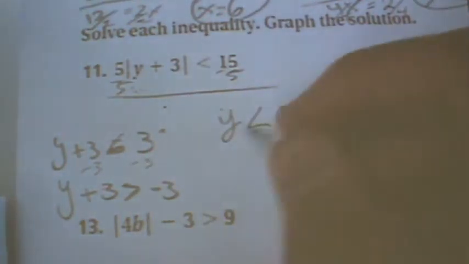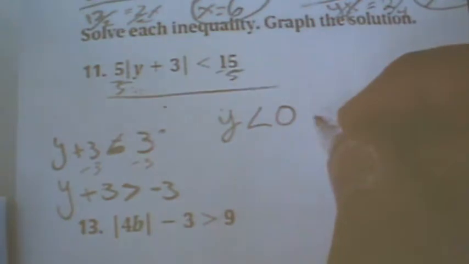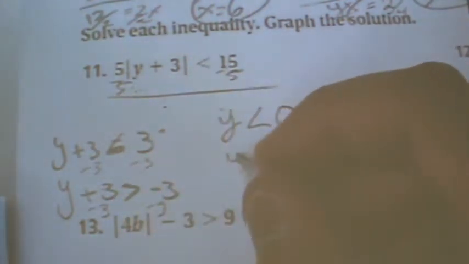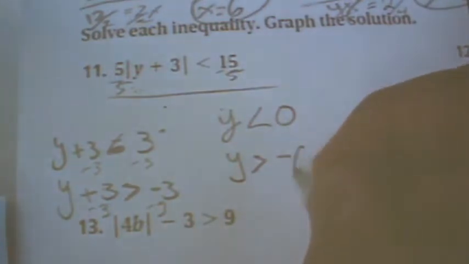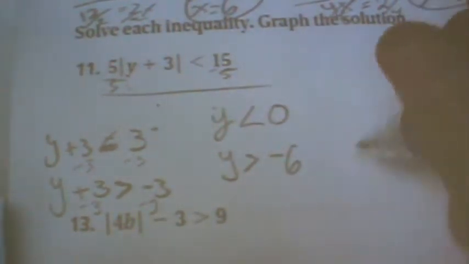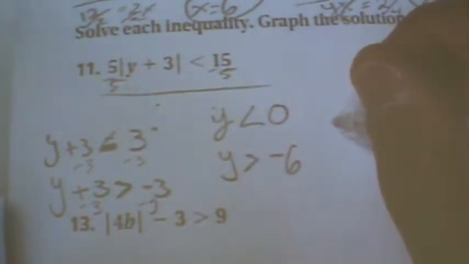Okay, so if you're going to solve these, subtract 3, you get 0. So y is less than 0. And subtract 3, y is greater than negative 6. So y is between negative 6 and 0.